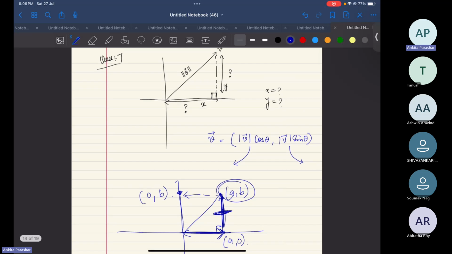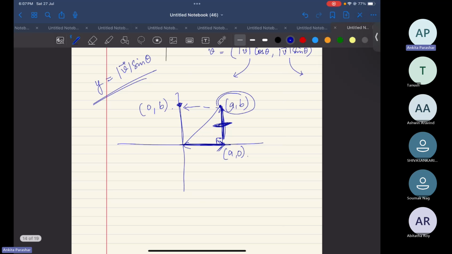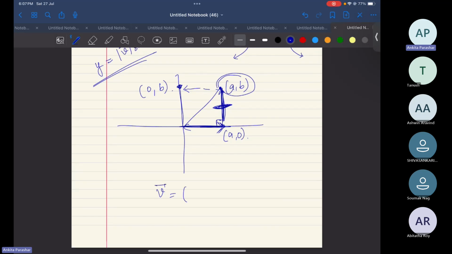So now, what is x and y here? Now it should be easy. So just modulus v cos theta, modulus v sin theta. And how do you see? Let me give you a hint. If you have any vector v1, v2, what is the norm?